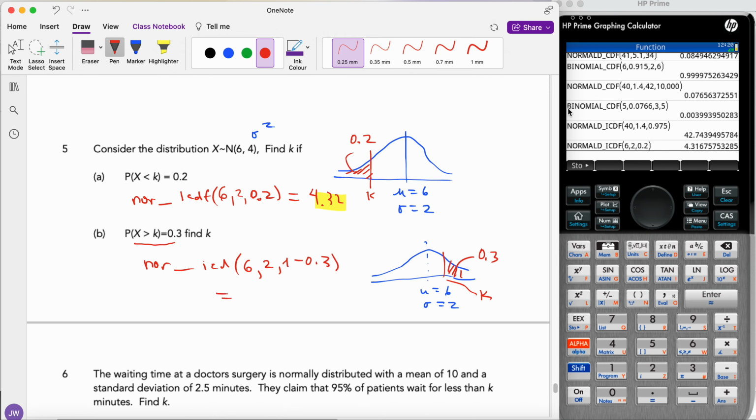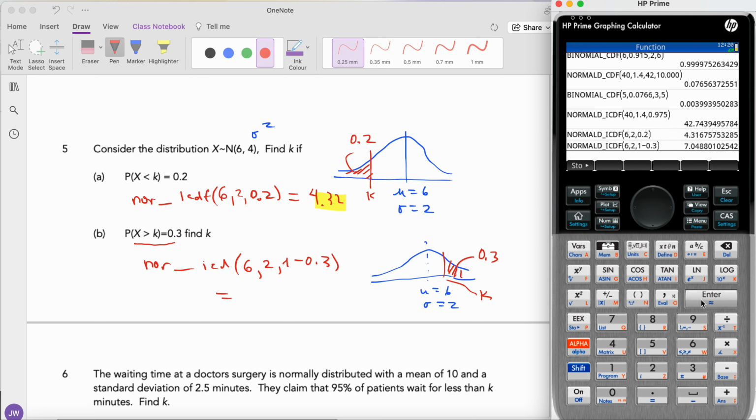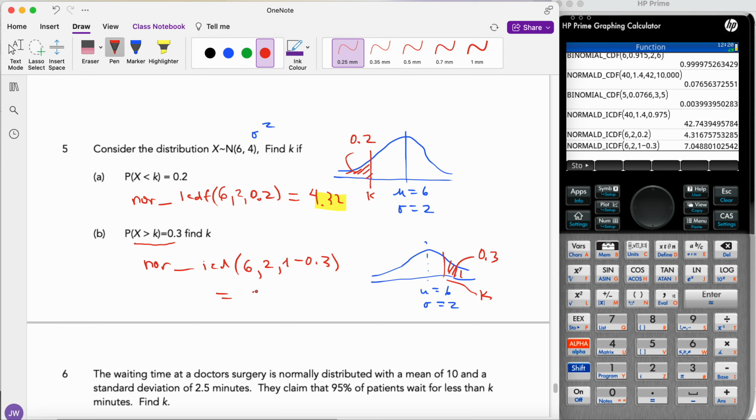You can just put 1 minus. Actually, it'll do the subtraction for you, okay? So 1 minus, if you're too lazy to calculate, 0.7, and what you'll end up with is 7.05, and of course that also makes sense because it's higher than the mean, and that covers more than that.